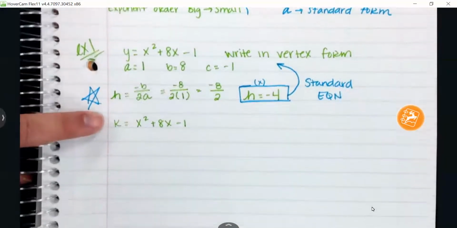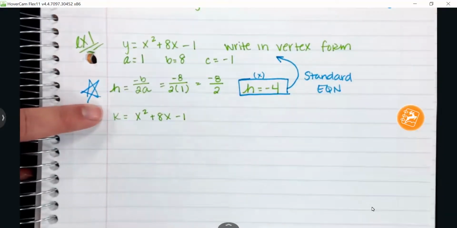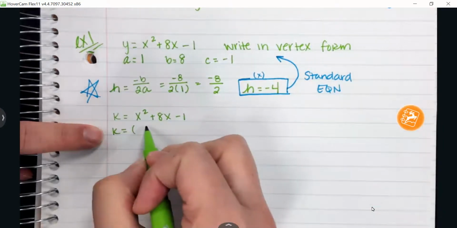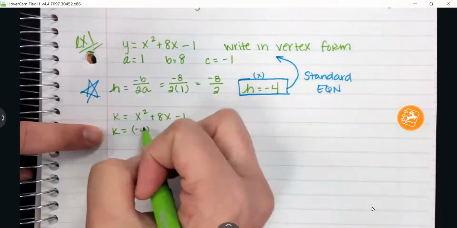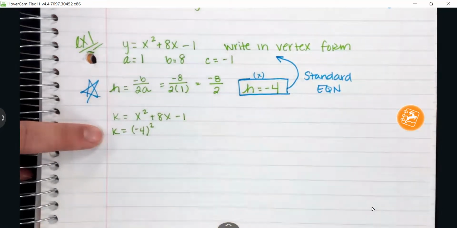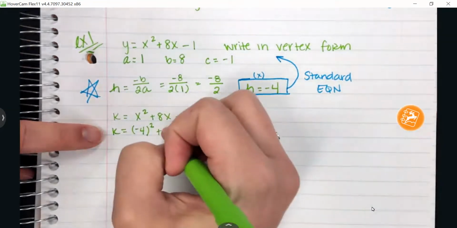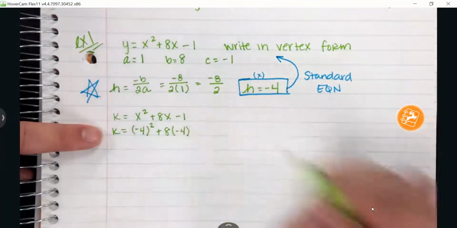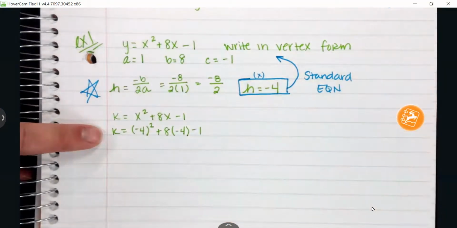And if you aren't listening, listen now. You must use parentheses. I don't care if you use a calculator or you don't use a calculator. Without parentheses, it will be wrong, okay? So K equals, I'm going to take out my X and put in a negative 4, parentheses squared, plus 8, take out my X, put in a negative 4, minus 1.